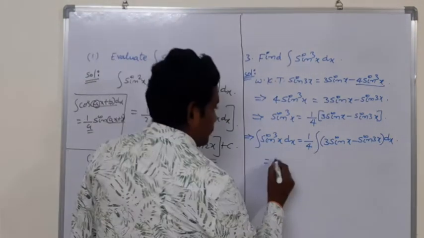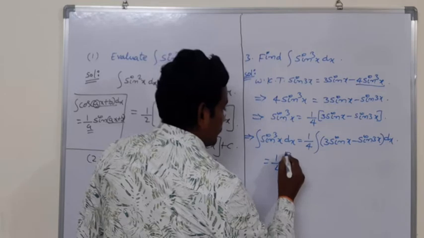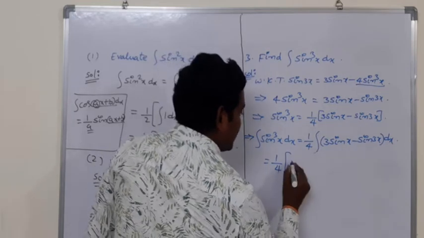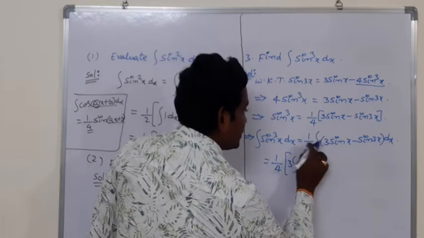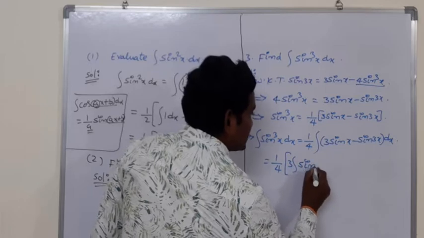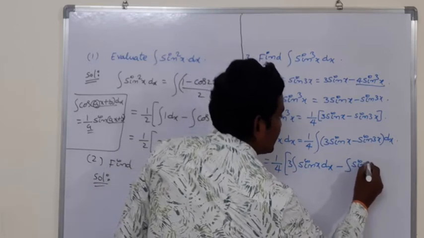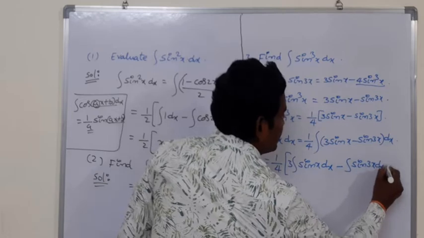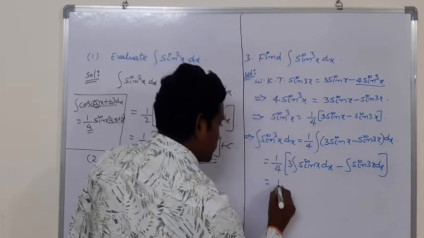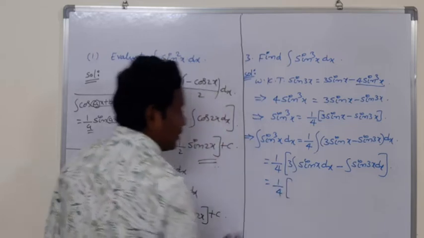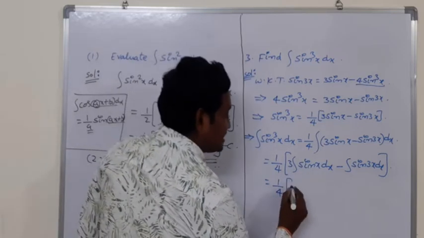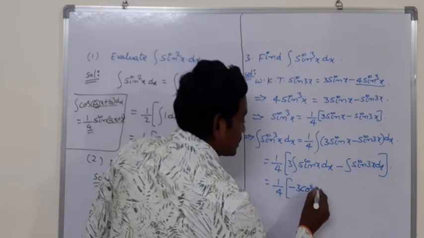Okay, 1 by 4 into, separate the terms, 3 into integration of sin x dx minus integration of sin 3x dx, that is equal to 1 by 4 of, what is integration of sin x? It is a direct formula, minus cos x.